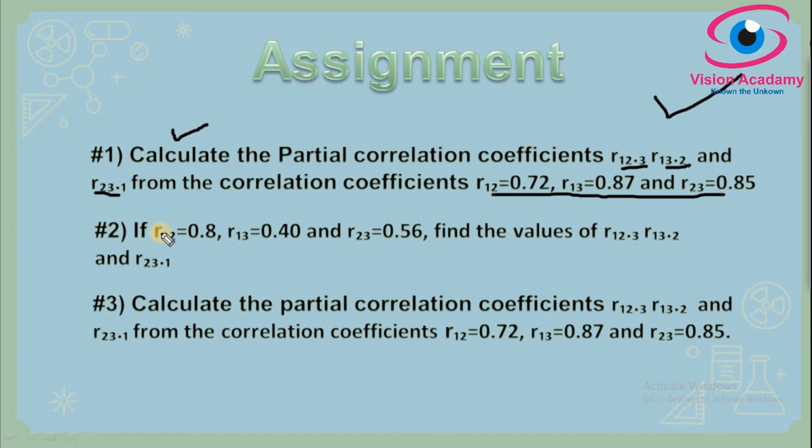In the second problem, if R12, R13 and R23 are these, find the values of R12.3, R13.2 and R23.1. Here also you need to find all 3 values. In the next problem, calculate the partial correlation coefficients of R12.3, R13.2 and R23.1. Here the respective values are given, and you need to find all 3 options, just in the same way as I explained in this video.